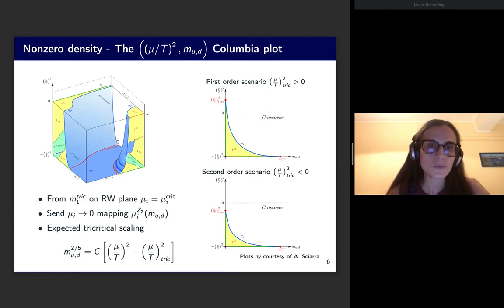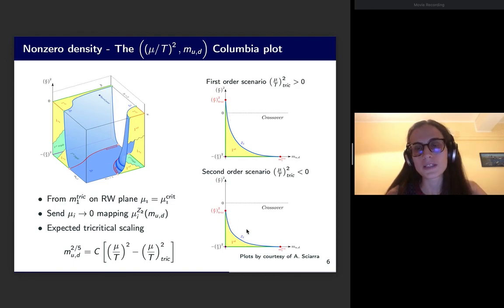And with that, what we can do is follow the Z2 line that stems out of that tricritical mass. And here I have basically this view with two different possibilities for what is happening at mu equals 0 and above. Mu over T squared equals 0 and above. This point, this red dot, the tricritical light mass, is precisely this red dot in the 3D plot. Then one can start from there and follow the Z2 line and go up.